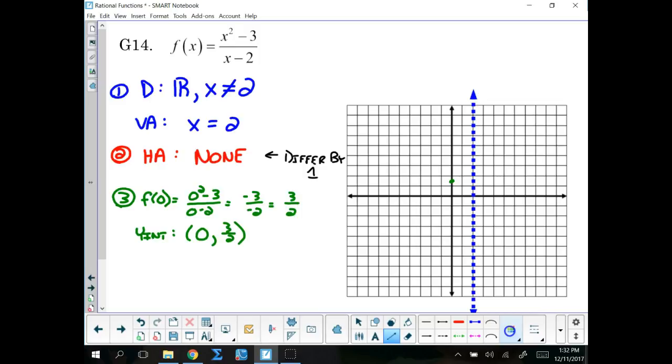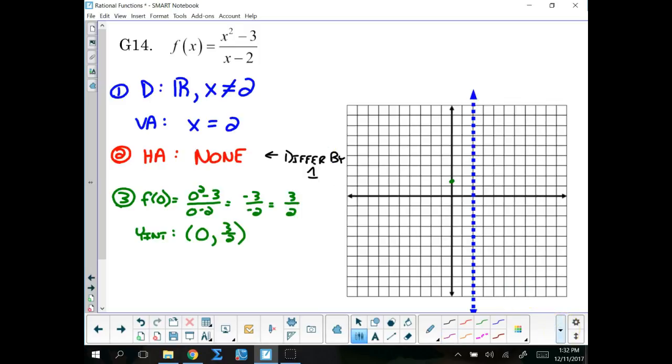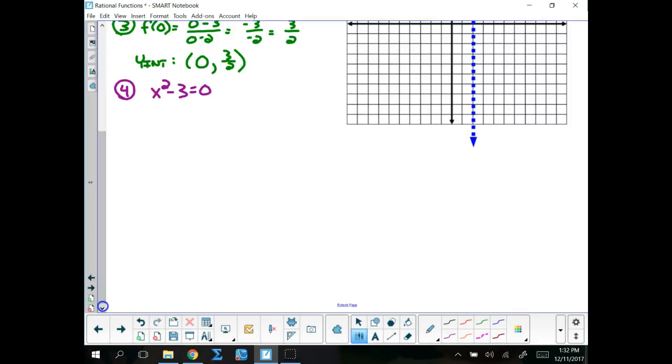Step 4. X-intercepts. How do I find my x-intercepts? Numerator equal to 0. So x squared minus 3 equals 0. I solve that: x squared equals 3, x equals plus or minus the square root of 3.